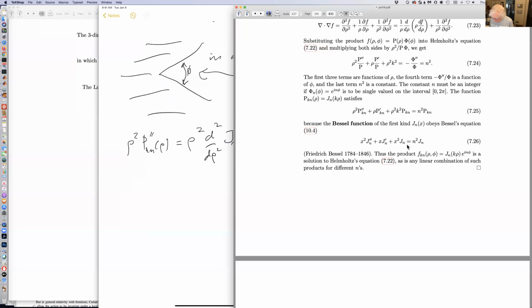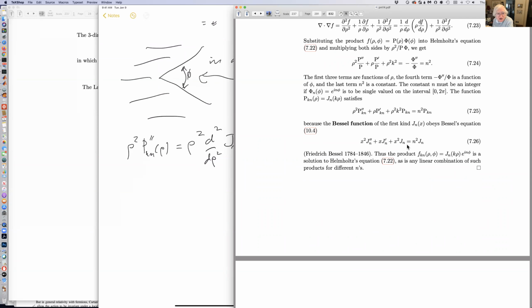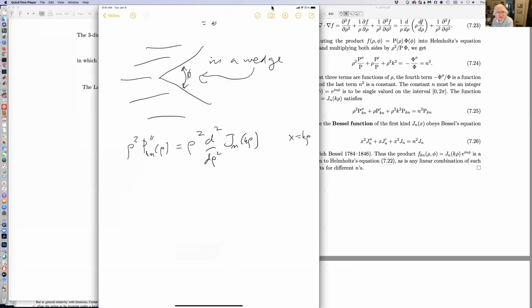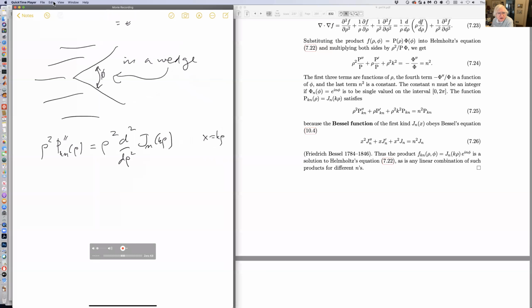And if I'm not mistaken, if we want to set x equal to k rho, oh, sorry, I need to make this visible. Let me move this over here.